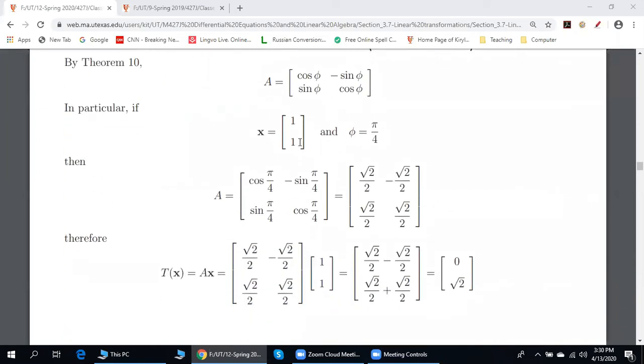For example, if we multiply this vector (1, 1) by this matrix, we'll get this, and it is easy to see that this new vector is a rotation of this vector about the origin pi over 4 to the left.